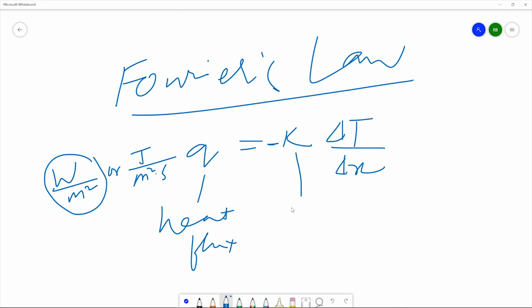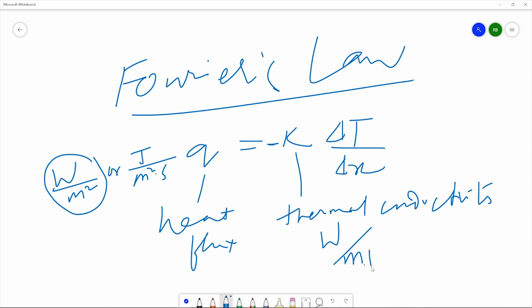And what is k? This is thermal conductivity. And what is the unit? It is watt per meter per Kelvin. And what is delta T? This is a temperature difference. The unit of temperature is generally Kelvin, the SI unit.